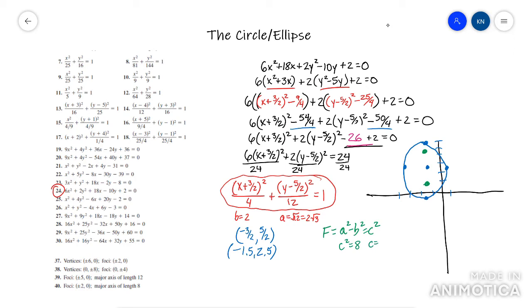The root of 8 is 2 root 2. So in terms of labeling where these foci are, take your center. It's a vertical ellipse, so I'm going to be adding that 2 root 2 to the 5 halves. That is where my foci would be located.